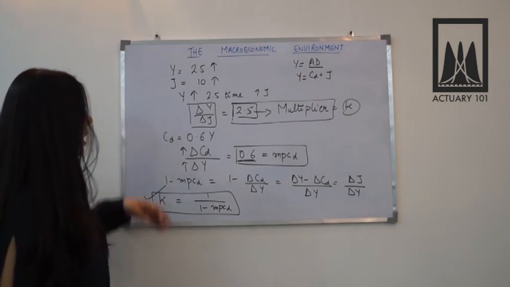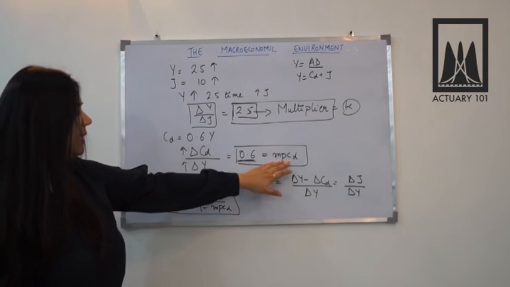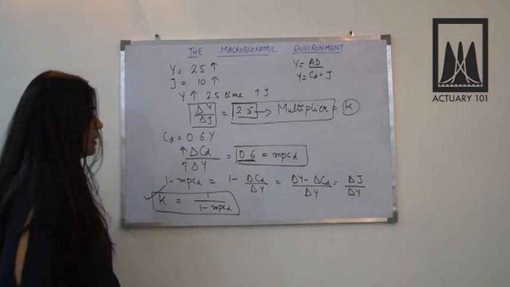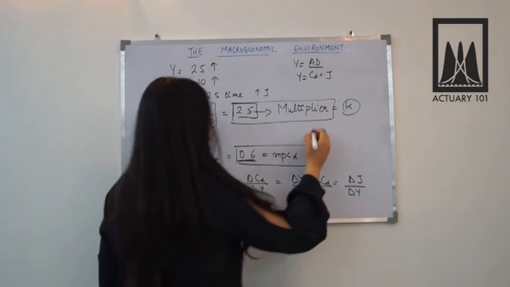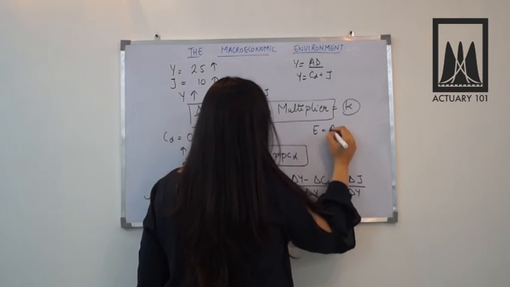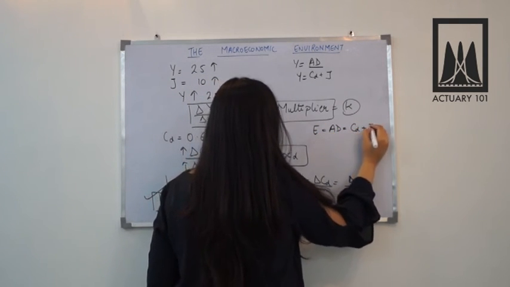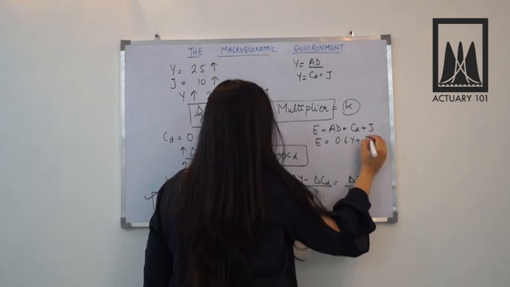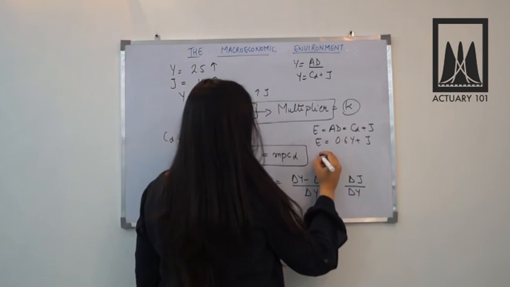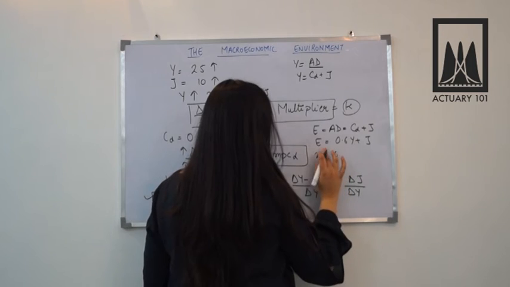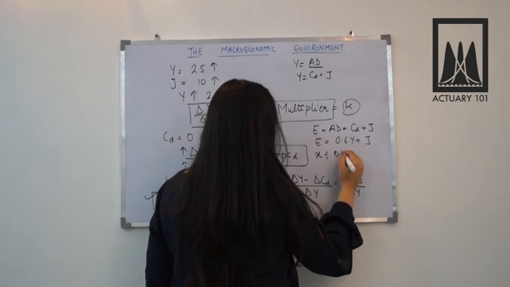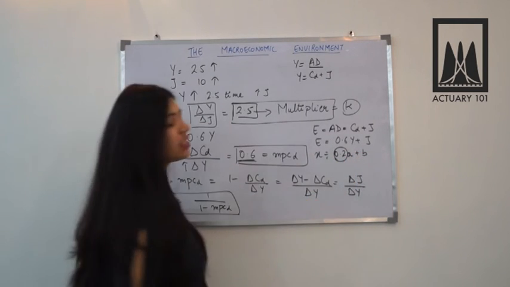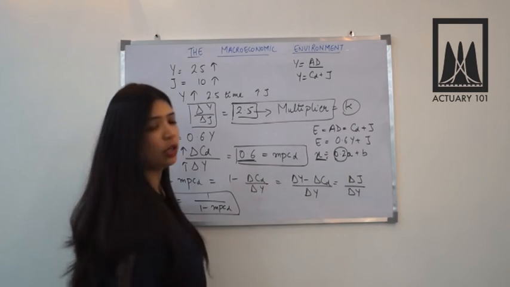So you've seen what the multiplier is, what the MPCD is, and what the relationship between the multiplier and the MPCD is. Another thing we've observed here was expenditure is equal to AD is equal to CD plus J. Now, this can be written as expenditure is equal to 0.6Y plus J. And we know that if we have an equation like X is equal to 0.2A plus B, then 0.2 is the slope of this line X if we are plotting it on the axis.